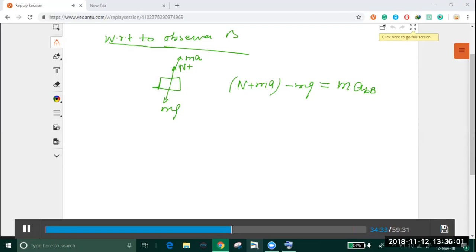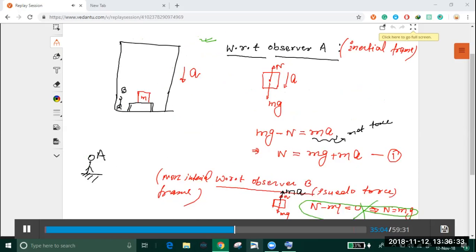So finally we got normal is equal to mg minus ma. Once again, mg and normal should be mg plus ma, no?